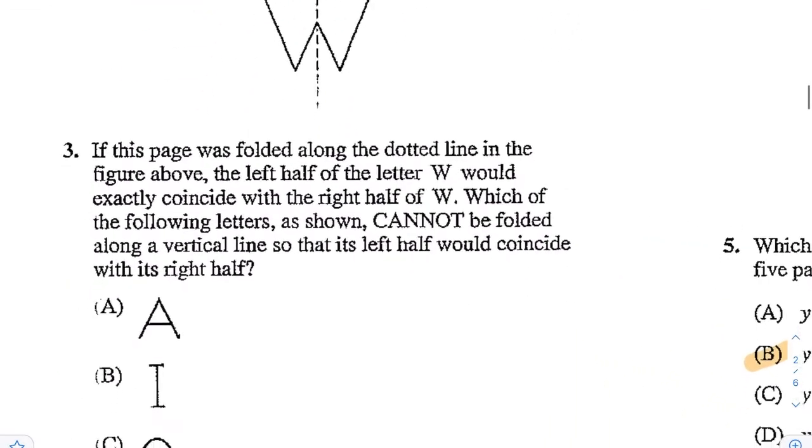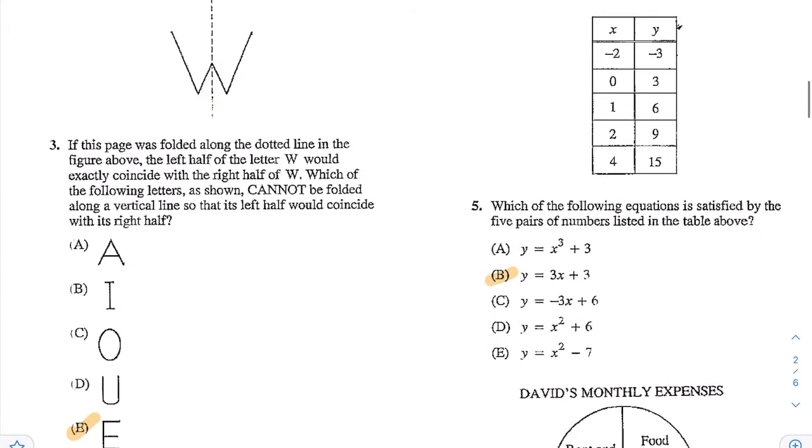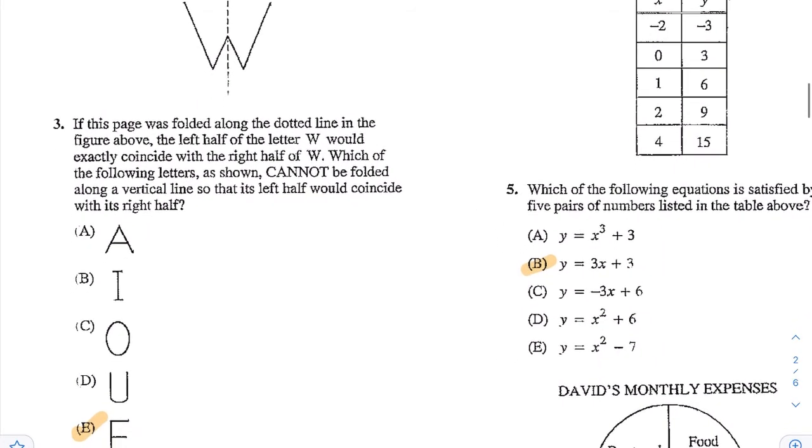All right, next for question number 3. This page is folded along the dotted line in the figure above. The left half of the letter W would exactly coincide with the right half of W. Which of the following letters, as shown, cannot be folded along a vertical line so that its left half will coincide with its right half? So this is just called a line of symmetry.